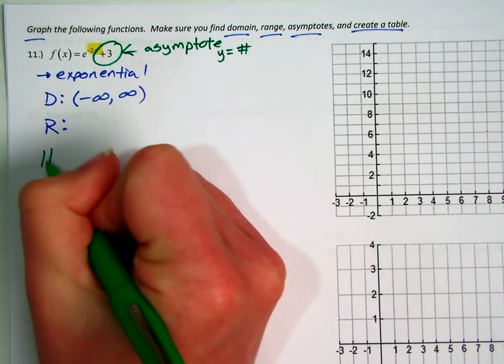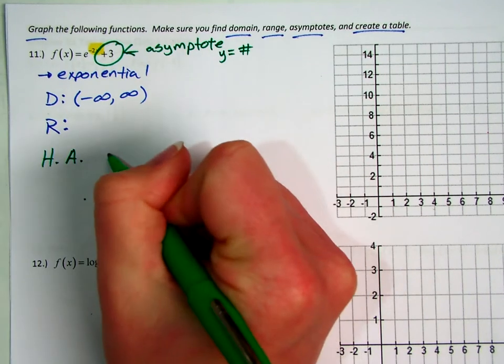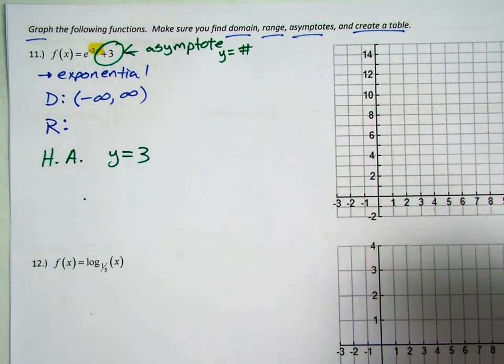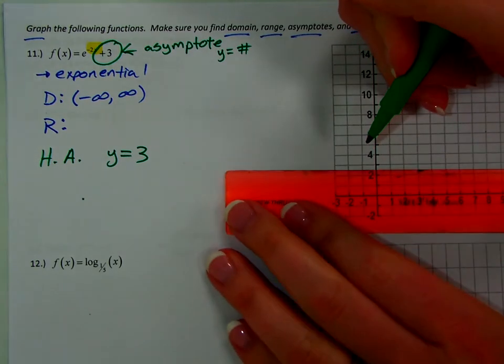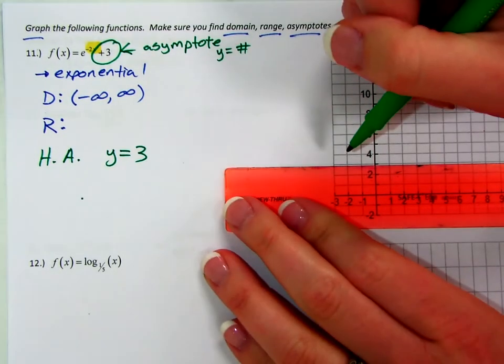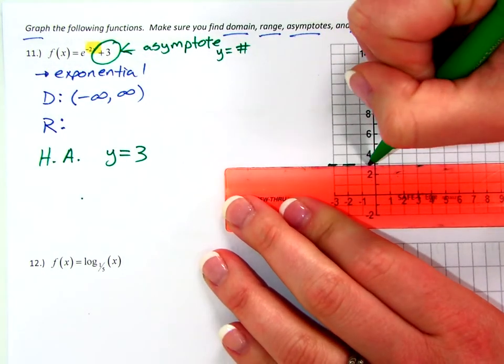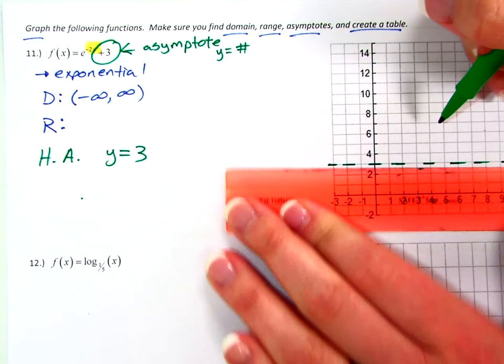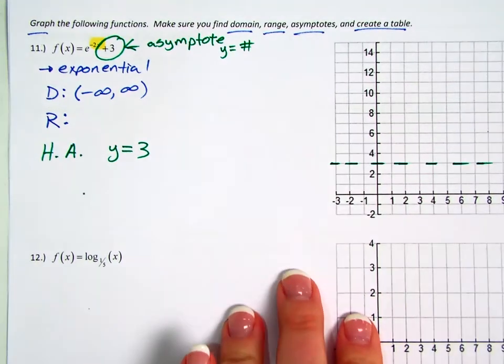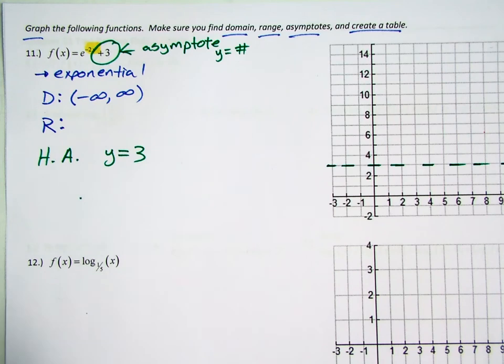So my horizontal asymptote is at y equals 3, and I can make a dotted line there, because part of your graph is having the asymptote in there to remind us that the line should approach our asymptote but never actually cross it. That tells me that 3 will be part of my range, but I'll graph it to figure out what part.